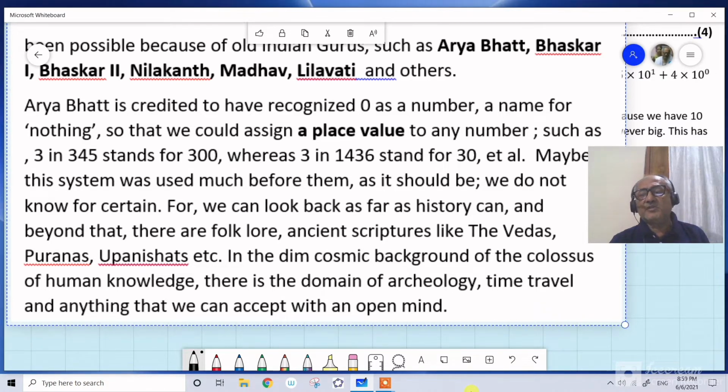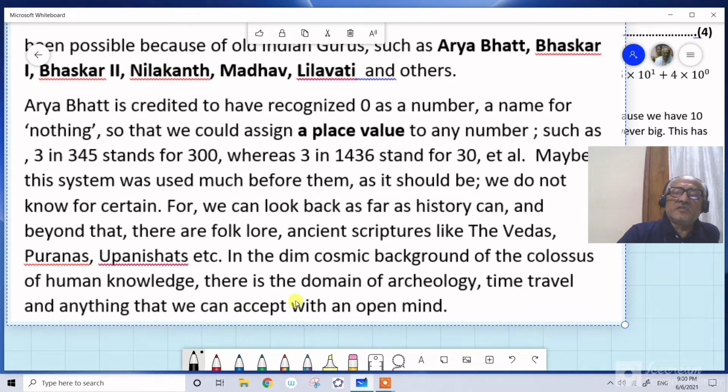Because we accepted 0 as a number for nothing as such, and it had a double meaning. A place value, the 0 in 10 and the two zeros in 100, they have different place values.